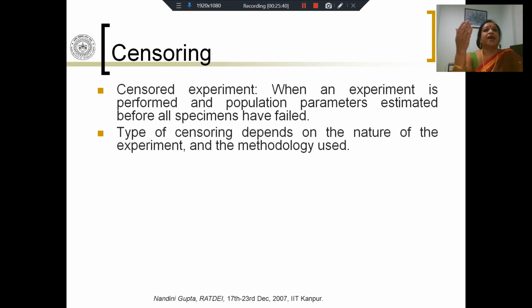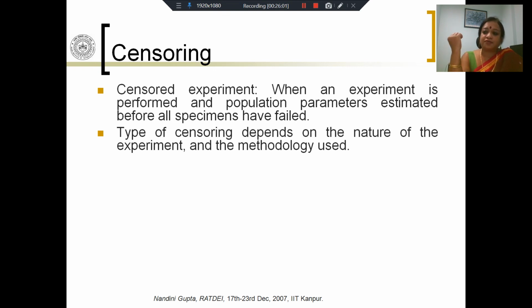Or let's say we are performing 7 tests and after 4 tests have been performed and 4 materials have failed, we say, okay, we are not going to perform the test further. We will censor the rest of the experiments and come to a judgment.